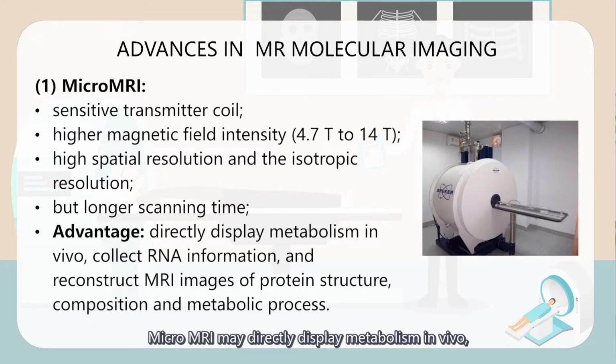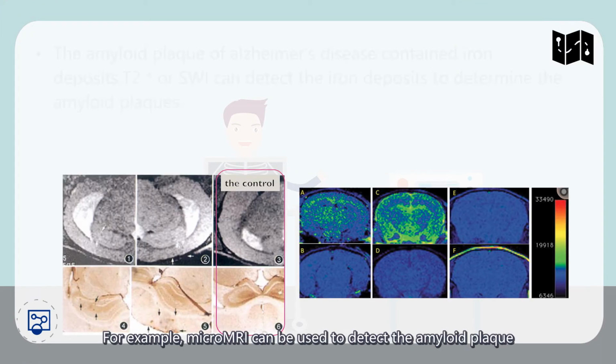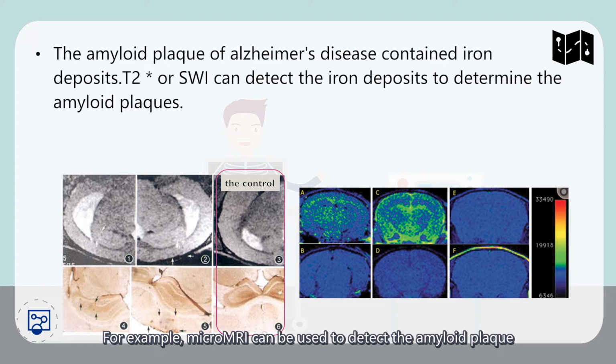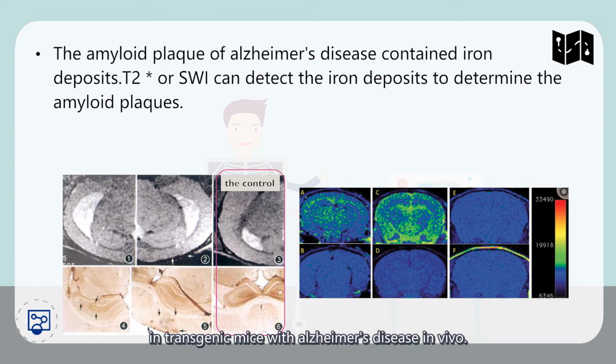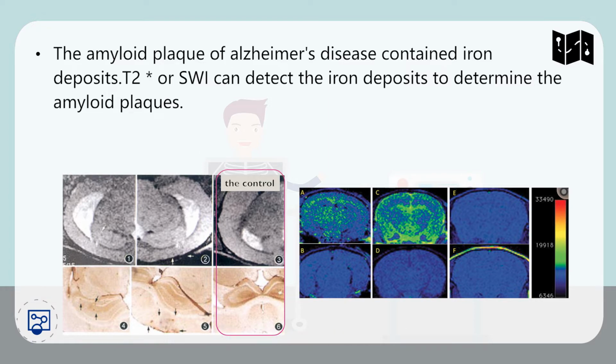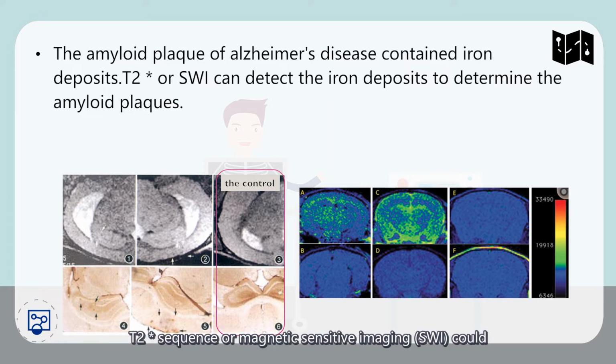Micro MRI may directly display the metabolism in vivo, collect RNA information, and then reconstruct images of protein structure, composition, and metabolic process. For example, micro MR can be used to detect amyloid plaques in transgenic mice with Alzheimer's disease in vivo because of the iron deposit in the plaque. T2 star sequences, or susceptibility weighted imaging SWI, can be used to clearly show and count amyloid plaques.